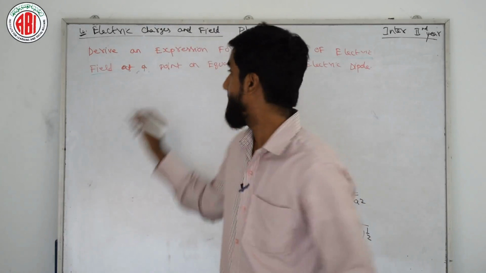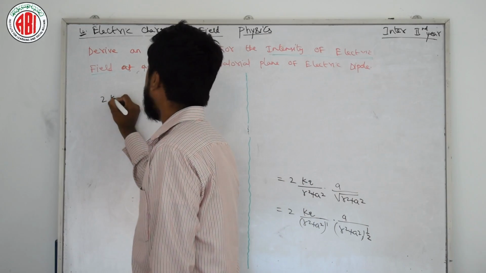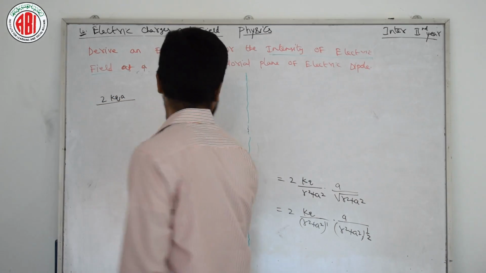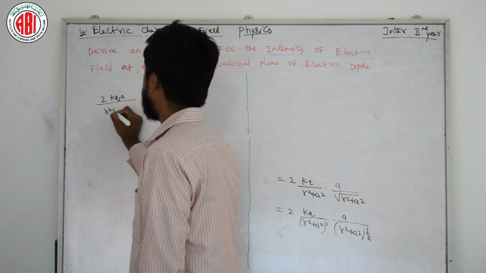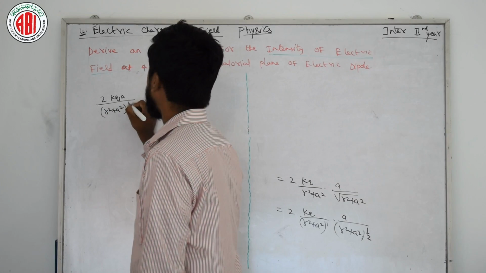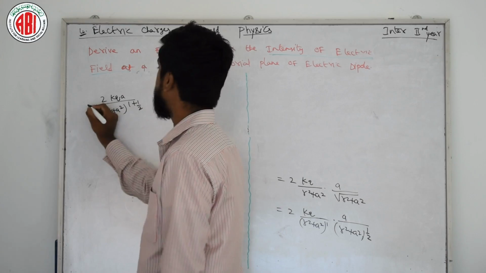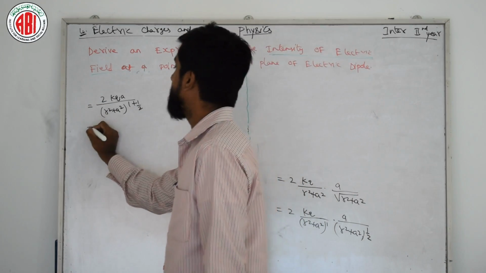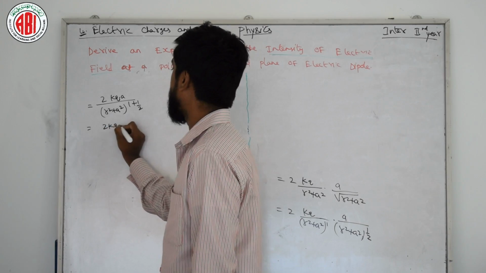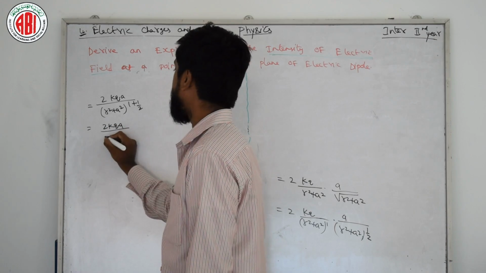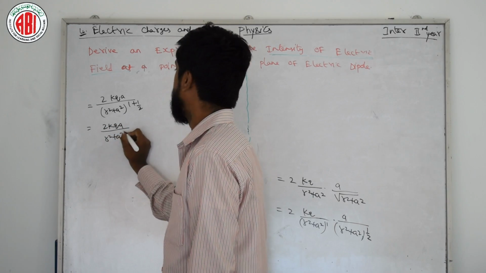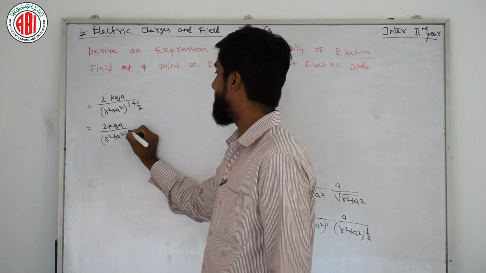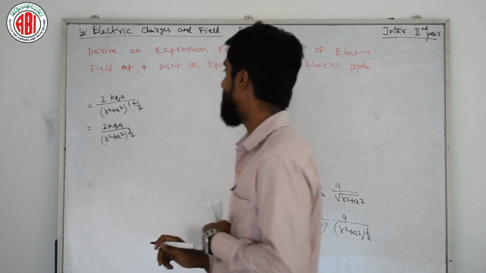Now we are continuing from here: 2kqa by r square plus a square whole power 1 plus 1 by 2. Why 1 plus 1 by 2? When the bases are the same, powers should be added. So it will become 2kqa by r square plus a square whole power 3 by 2, since 1 plus 1 by 2 is nothing but 3 by 2, isn't it?